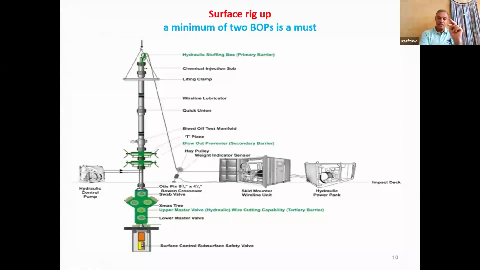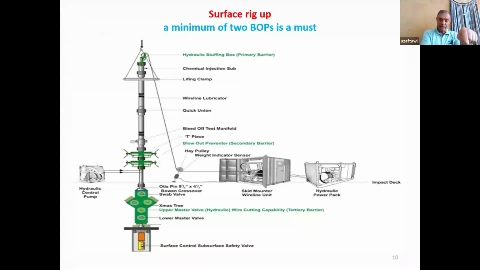As a classification, it is one barrier, but you double the barrier. One BOP is history. Nowadays, two BOPs in your rig up is a must, regardless of whether you are working with slick line, braided line, or E line. Two identical BOPs is a must. So this is your secondary barrier.